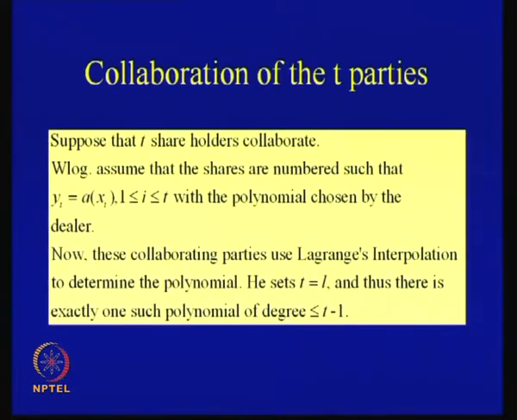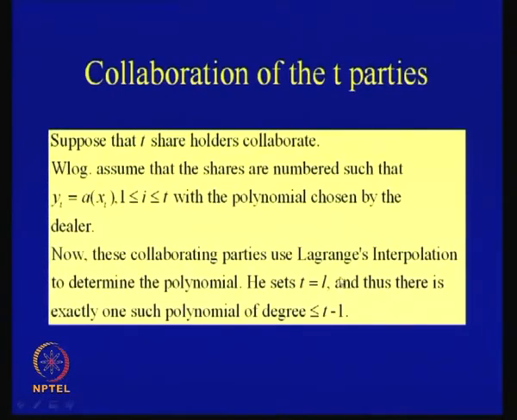Now, if your t is equal to L, as we have seen previously, then there is exactly one such polynomial of degree less than or equal to t minus 1, right. So, that is exactly what the collaborating parties do.